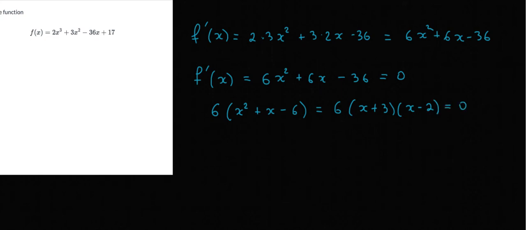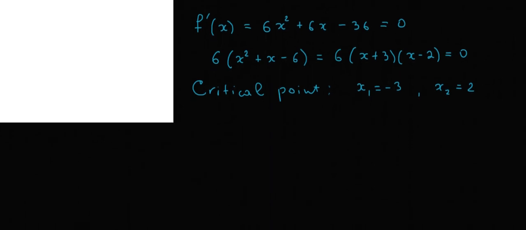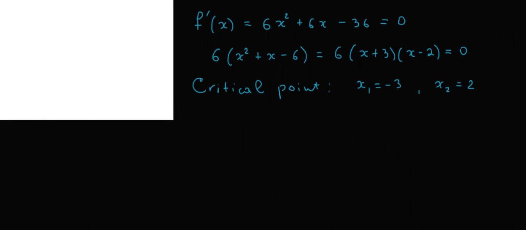And so now we see that this function has 2 critical points, which are the points where the derivative takes value 0. And these critical points are negative 3 and positive 2.